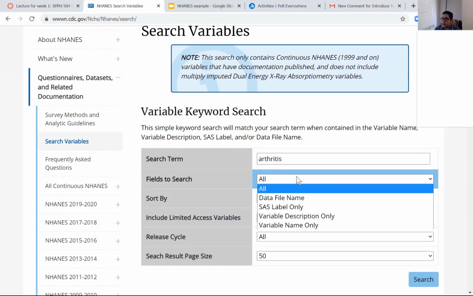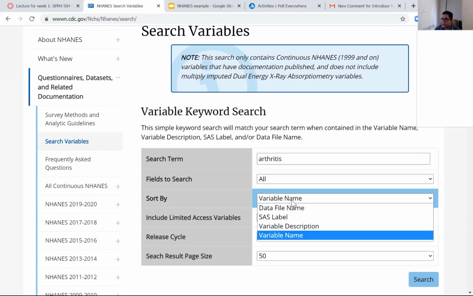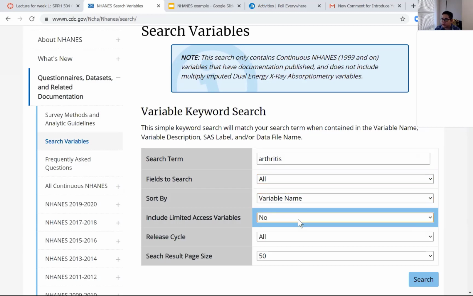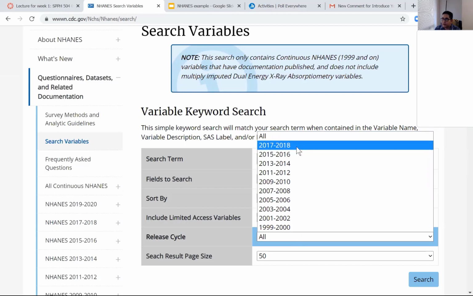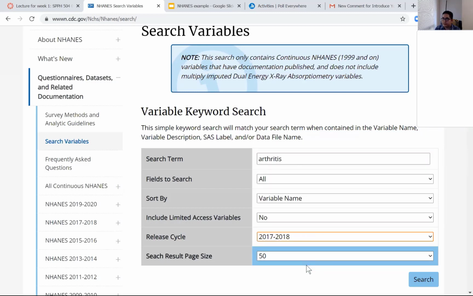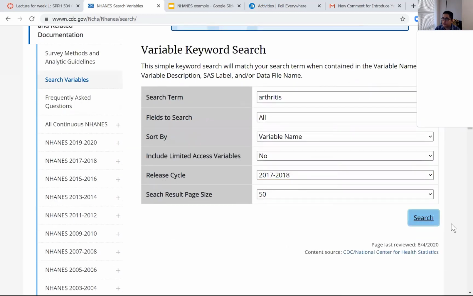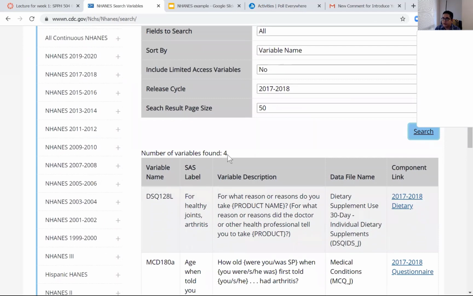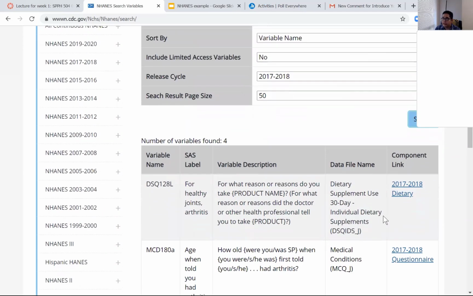And then for field to search, I want to say search all fields, all variable names, limited no. And I just want to select within the last cycle, right? I search, and it found 4 within that 2017-18 cycle, right?